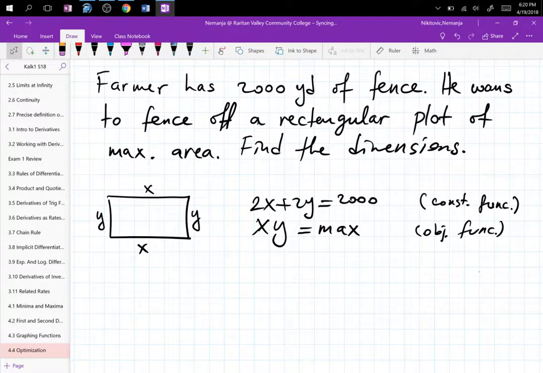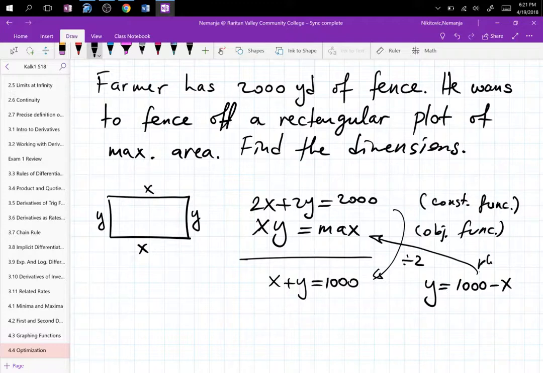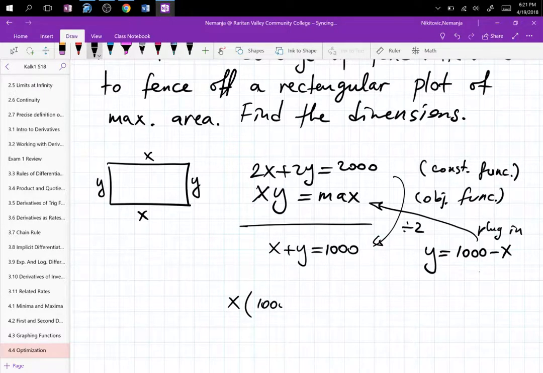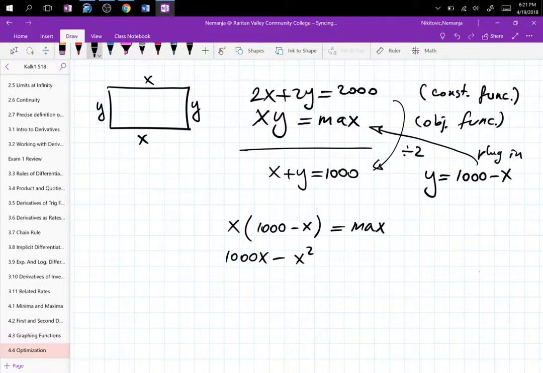Great. Solve it. Divide the upper equation by 2. Make it easier. And then solve for y as 1,000 minus x. Plug in. And we have x times 1,000 minus x equals the max. 1,000x minus x squared is equal to a max.